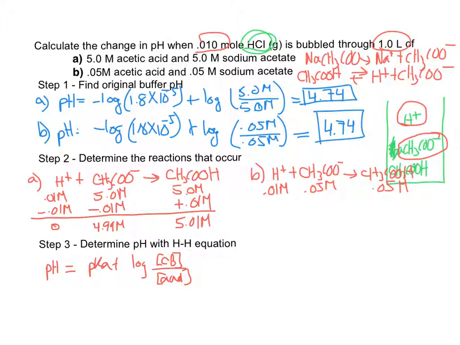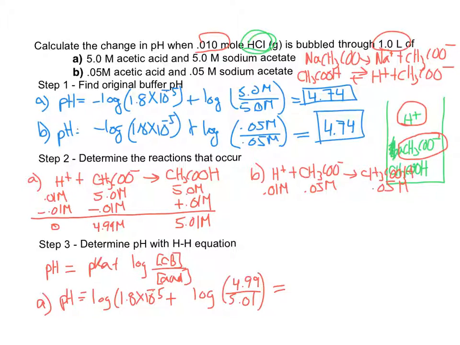And so for A, I am going to say pH is equal to negative log of the Ka, which is 1.8 times 10 to the negative fifth, plus log of my conjugate base, in this case my acetate, 4.99, over my acid, acetic acid, 5.01. Calculate that, I end up with 4.74.